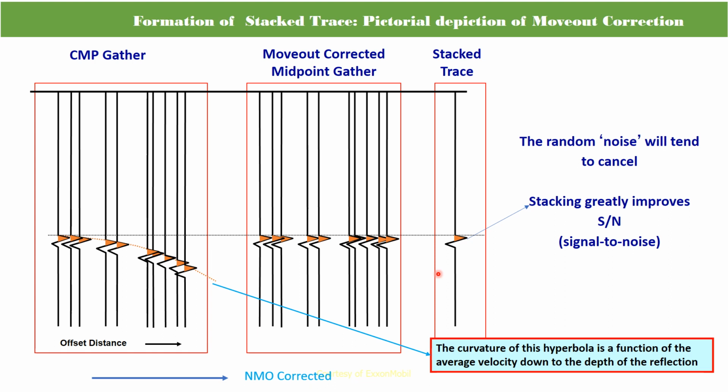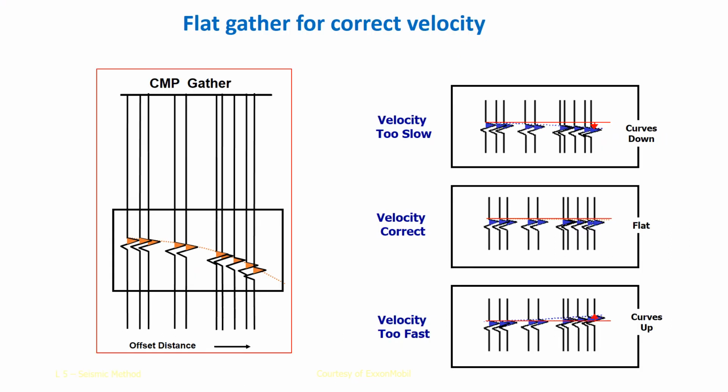It is also notable that the curvature of this hyperbola is a function of the average velocity down to the depth of the reflection, so it depends on the velocity of that layer. When the traces curve downward, we can say the velocity is a little slow.